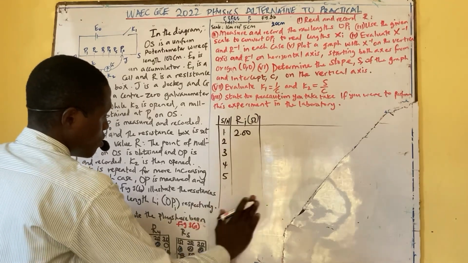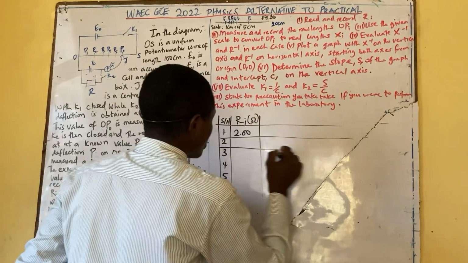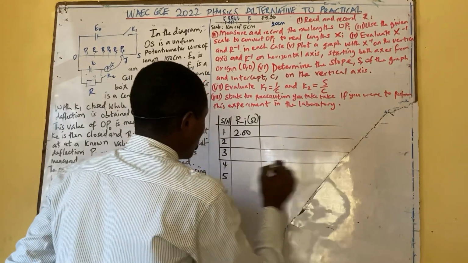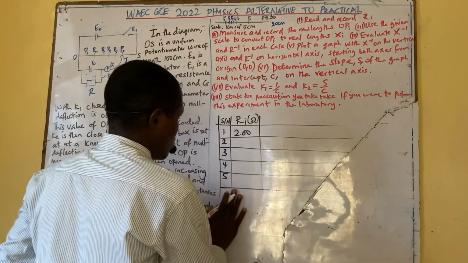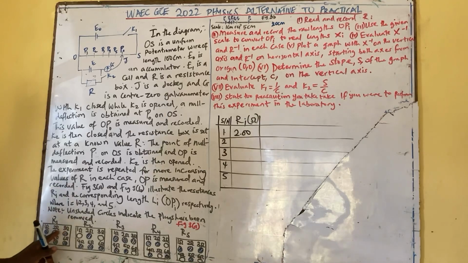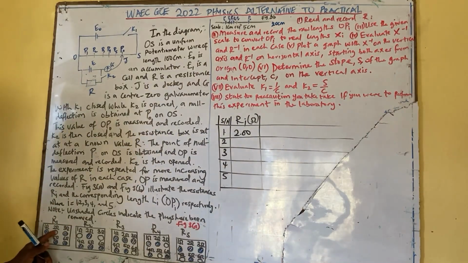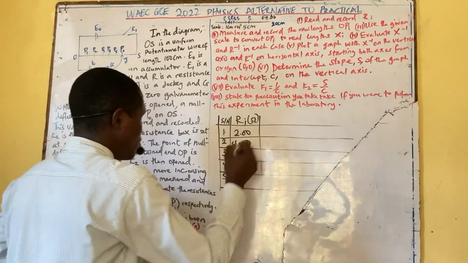Let's just demarcate this so as not to mix everything up. The first one is 2 ohm, because it's only the 2 ohm that is unshaded here. This one is 1 and 3, making 4 ohm resistor.